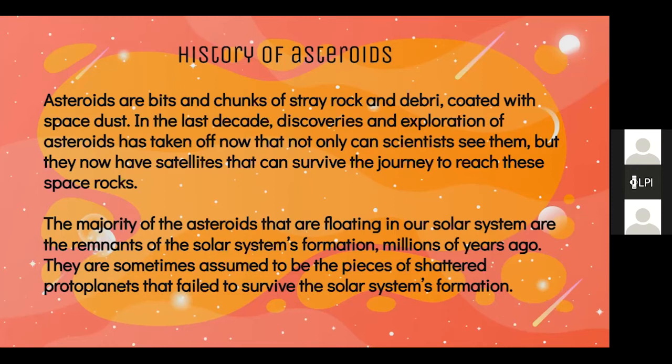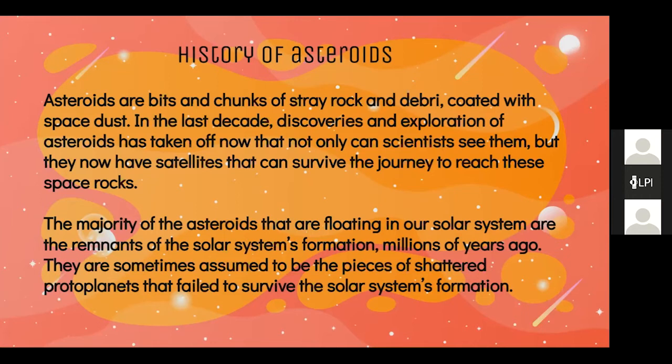In the last decade, discoveries and exploration of asteroids have advanced so that not only scientists can see them, but satellites that can survive the journey can follow these asteroids, either moving or in orbit, if that is possible.